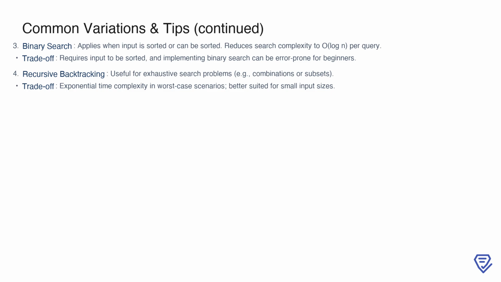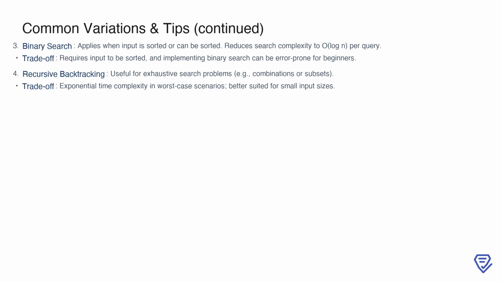Binary search is another powerful technique, especially when the input is sorted or can be sorted. It reduces the search complexity to O(log n) per query, which is highly efficient. However, it does require the data to be sorted beforehand, and implementing binary search correctly can be tricky for beginners due to its inherent edge case sensitivity. For problems that require exhaustive searches, recursive backtracking is a useful approach.